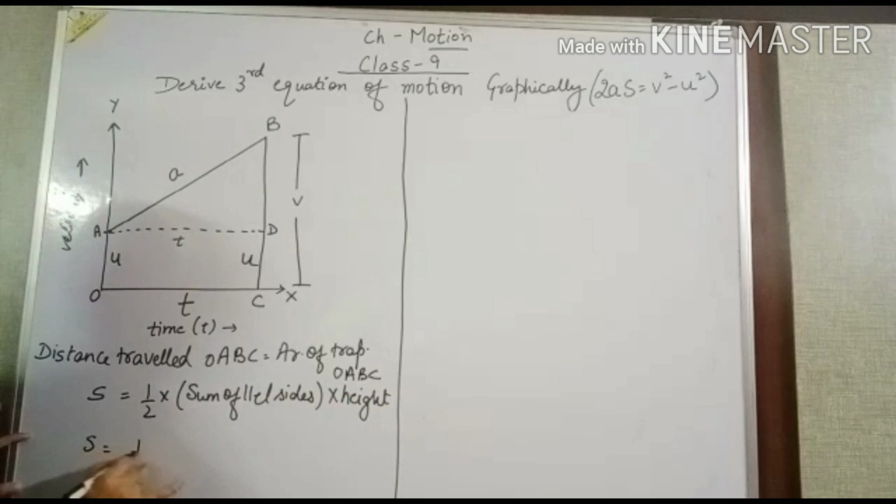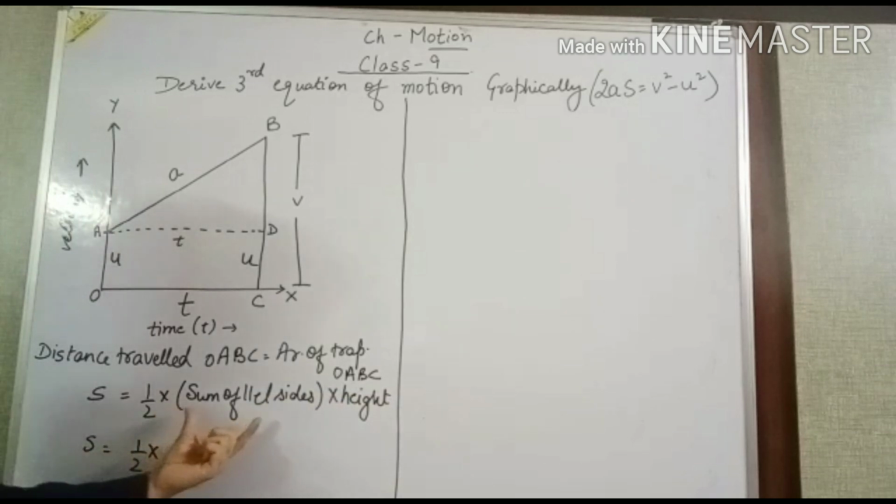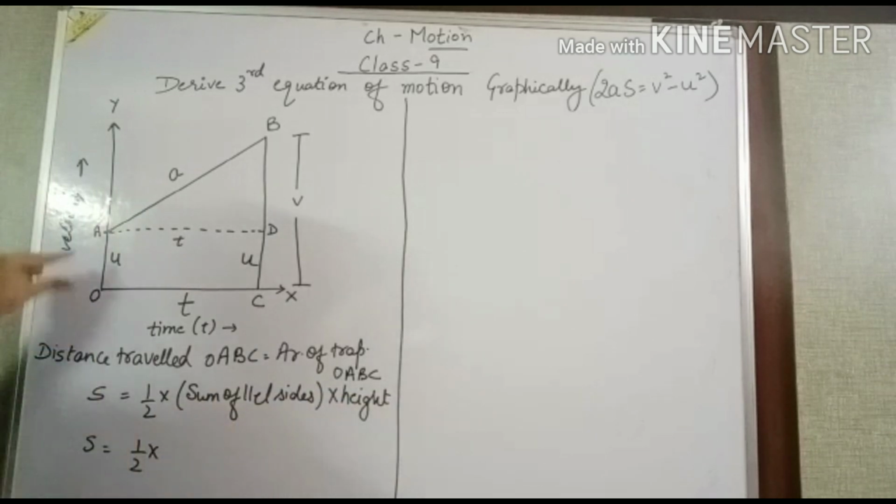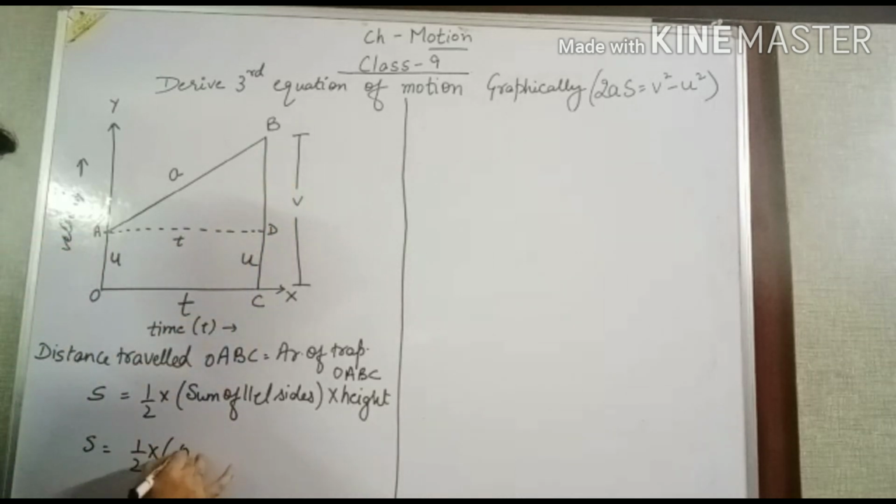So S is equal to half into, what will be my sum of parallel sides? My parallel sides are OA and BC, so their sum will be OA plus BC into, what is my height?